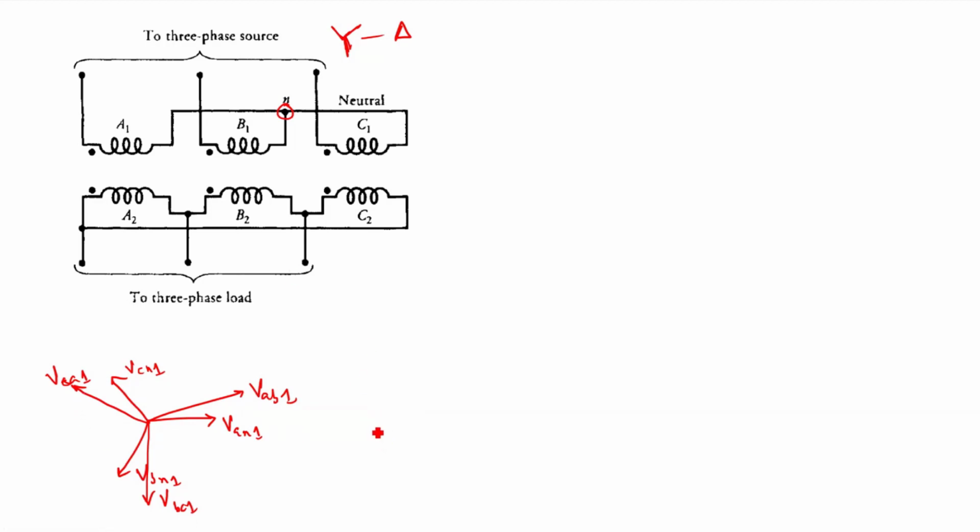Now if I draw the secondary side voltages, it will be in the delta connection. The phase voltage in the primary side will be in phase with the line voltage of the delta side. So the phase voltage VAN1 is in phase with the line voltage of the secondary side, VAB2, and the phase voltage in phase B is in phase with the line voltage BC, and here VCA2.